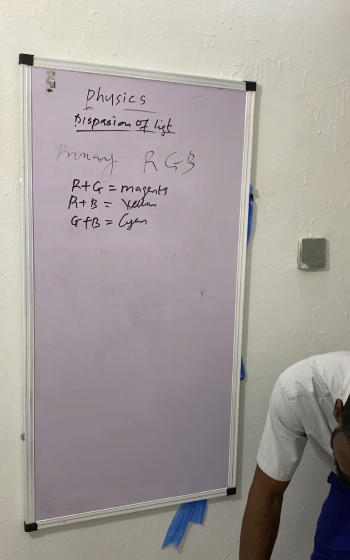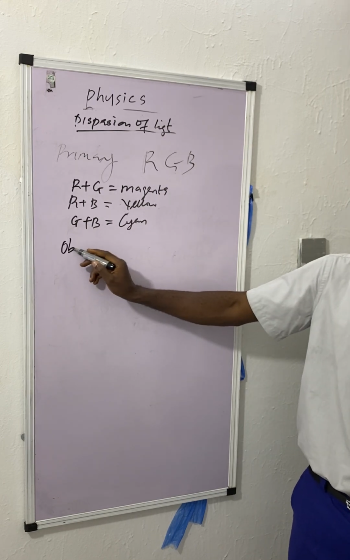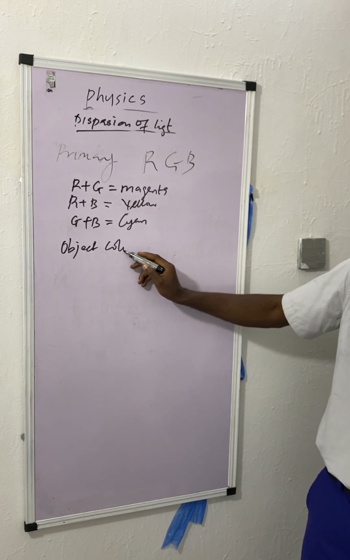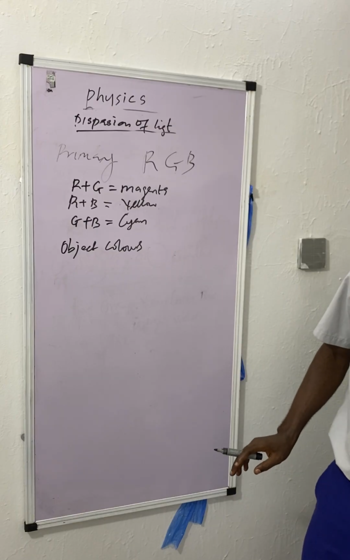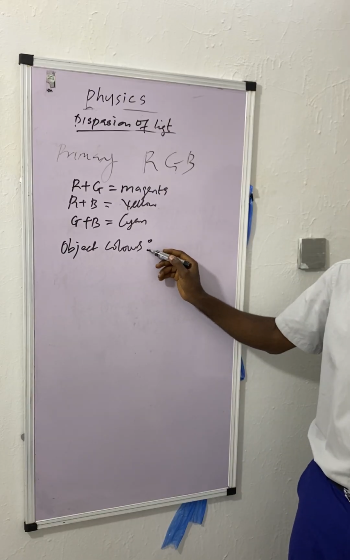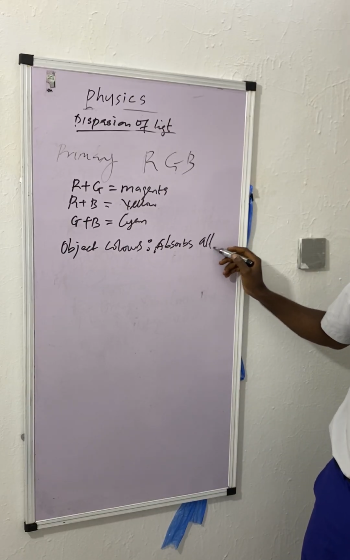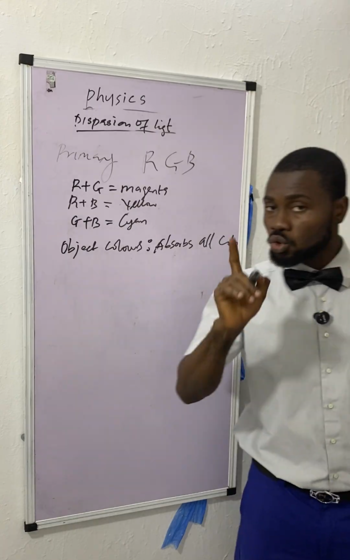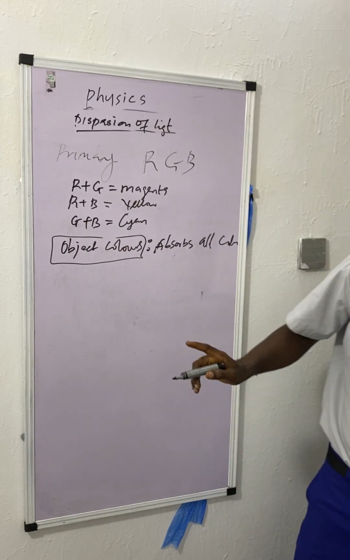There is this concept called object colors. These object colors are colors that absorb all colors, but reflect only one. So object color is capable of absorbing all colors, but reflecting only one color.